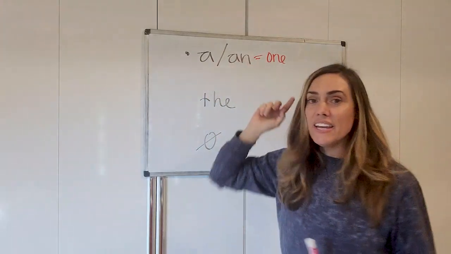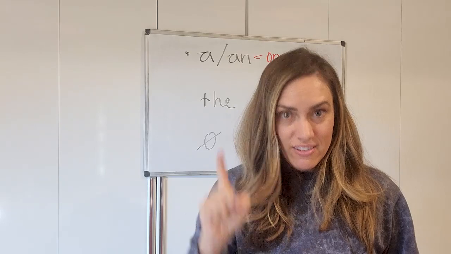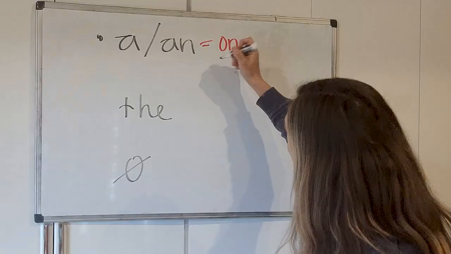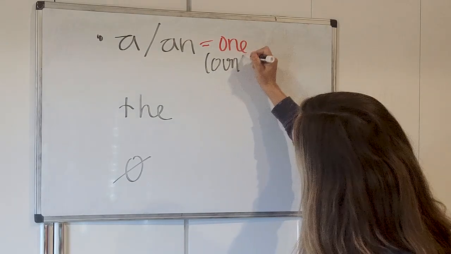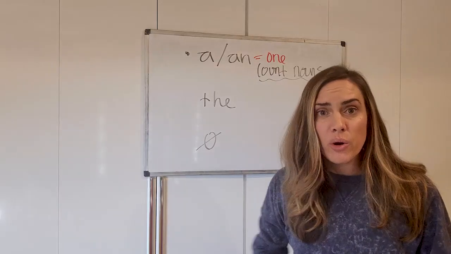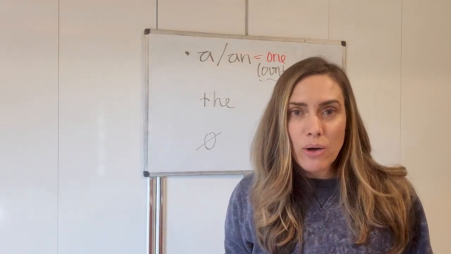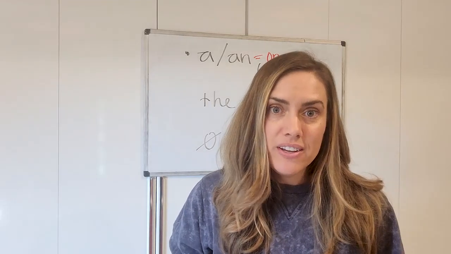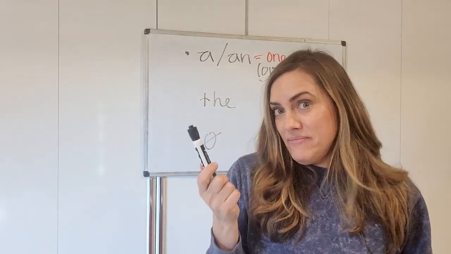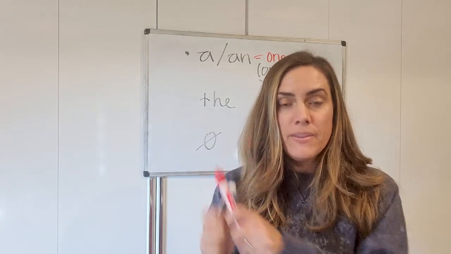A and an can only be used with count nouns, okay? They're only used with count nouns. Very important, most important thing to know, okay? A count noun is a noun that you can count. So, like this marker, one marker, two markers, okay?